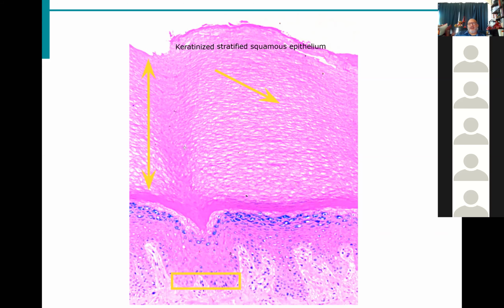Hundreds of layers of these dead cells, which give you that very thick, coarse, calloused palm, that very thick, coarse, calloused heel of your foot. That's where you get that pumice stone and scrub off these rough layers of the top of this skin. So this is also a keratinized stratified squamous epithelial tissue, but with a much thicker layer of dead cells on top.